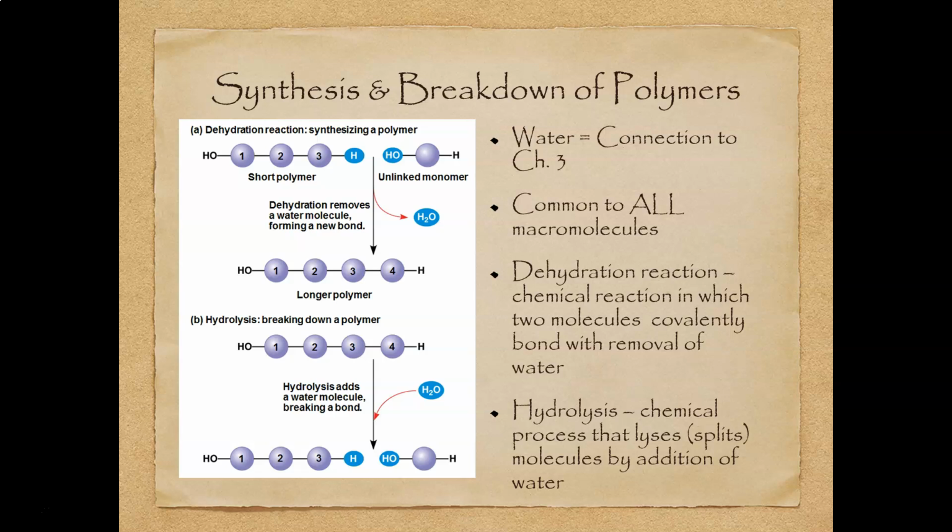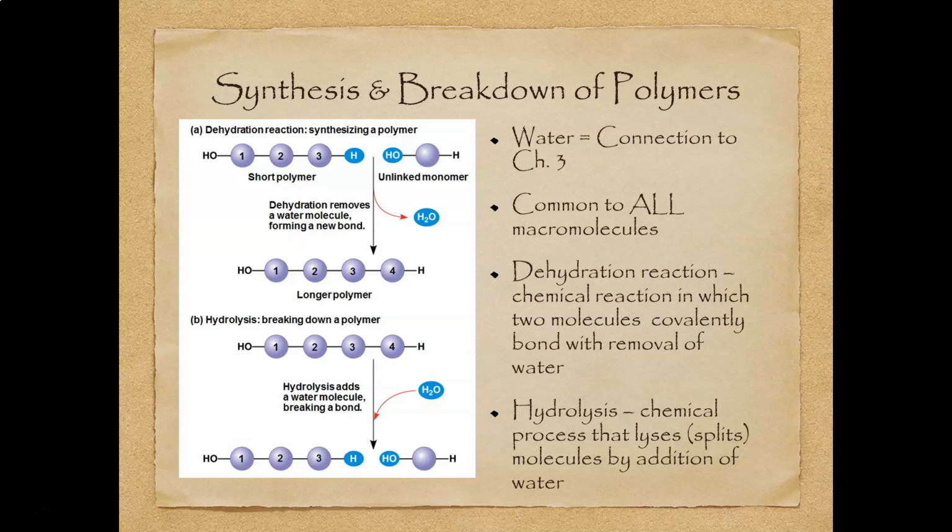And what we're really doing here when we're building and breaking down these polymers is going through chemical reactions. So when we build and break down polymers, it's really all going to connect back to that water, right? H2O. All of the monomers of these macromolecule polymers contain hydroxyl groups and hydrogens.